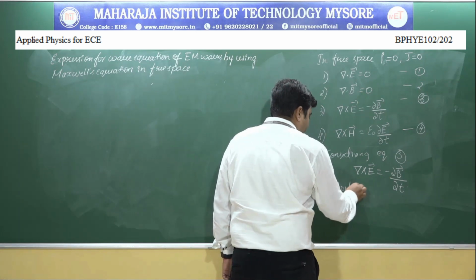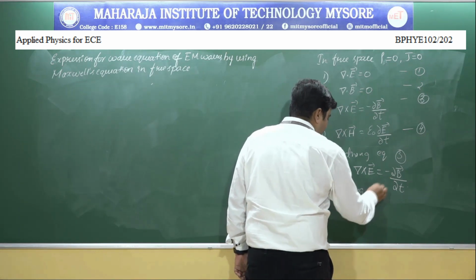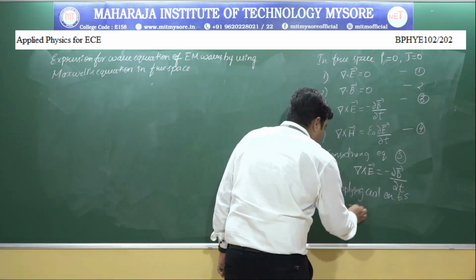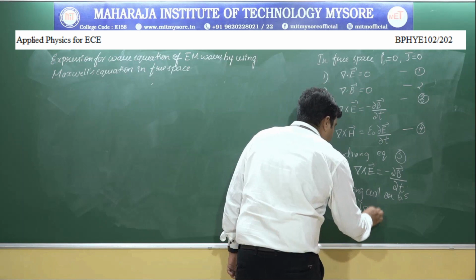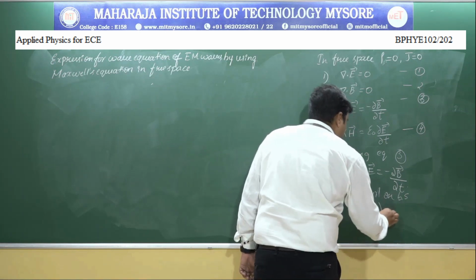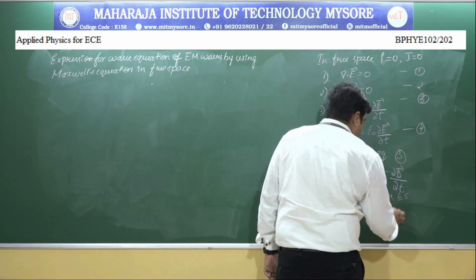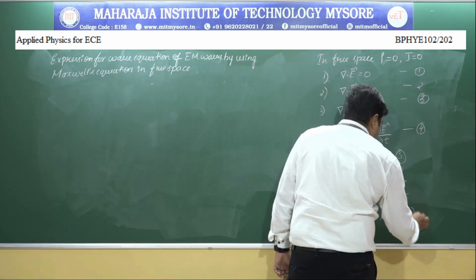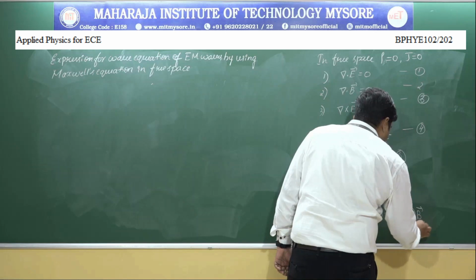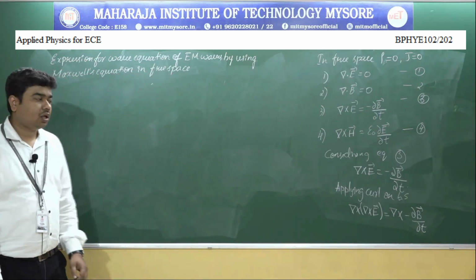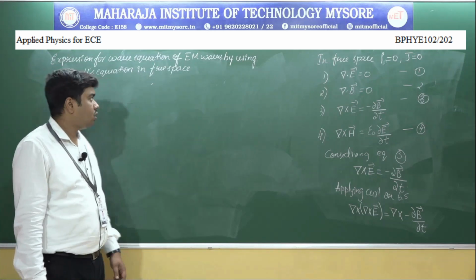Applying curl on both sides, it is del cross del cross E is equal to del cross of minus dou B by dou T. So, we have applied the curl on both sides of equation 3.